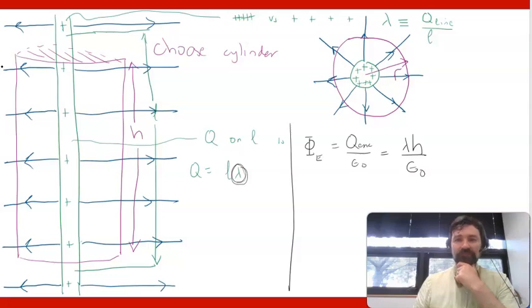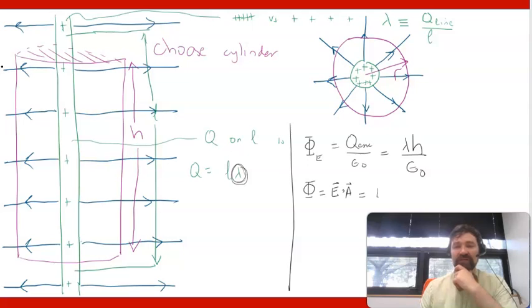Okay. On the other hand, if I just do a flux calculation, where these are my E field lines, I can see that from the top and the bottom there's zero flux because the E field lines run parallel to the top of the cylinder and the bottom of the cylinder. But along the sides, my flux phi E, which is E dot A, becomes E at R. So you could call this like E of R or something like that, times the area of the sides.